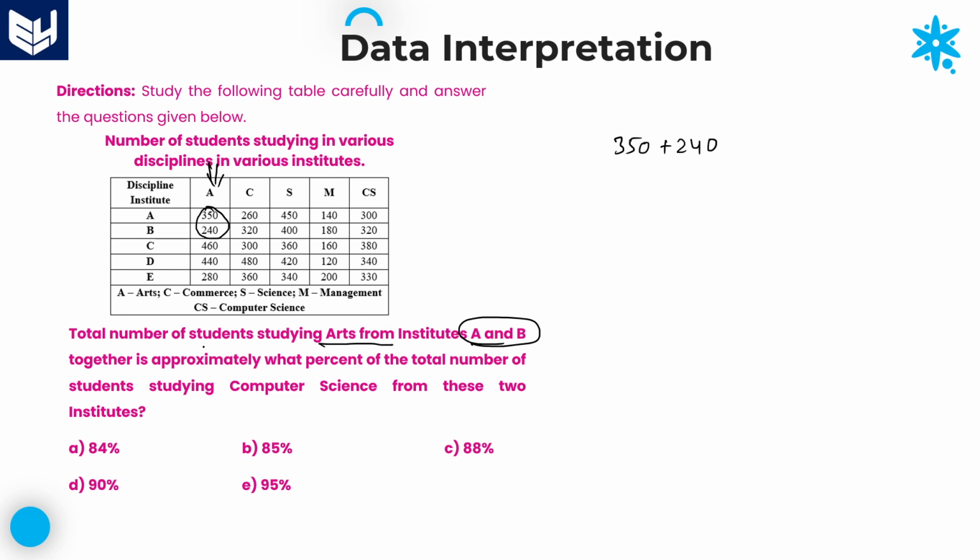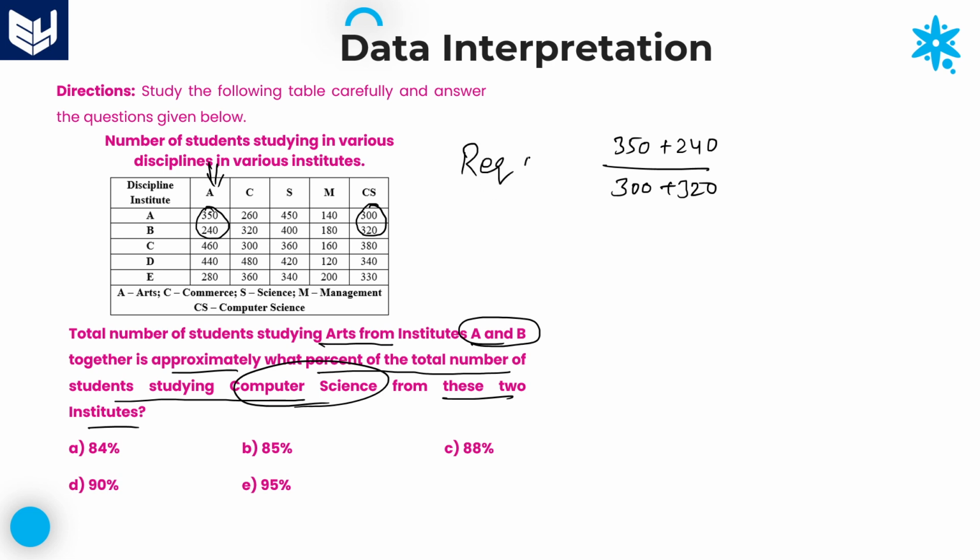This particular value is approximately what percent of the total number of students studying computer science from these two institutes, that is 300 plus 320. Here the numerator value, arts A and B together, is what percent of computer science A and B together. Therefore, our required percentage value is equal to 350 plus 240 divided by 300 plus 320.